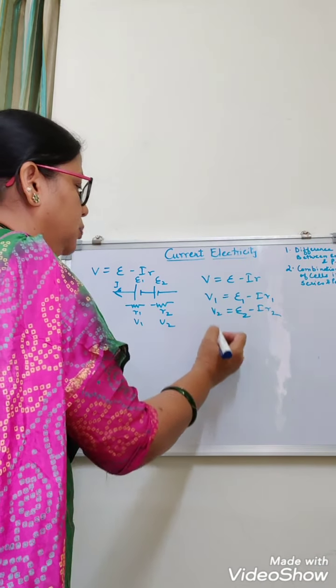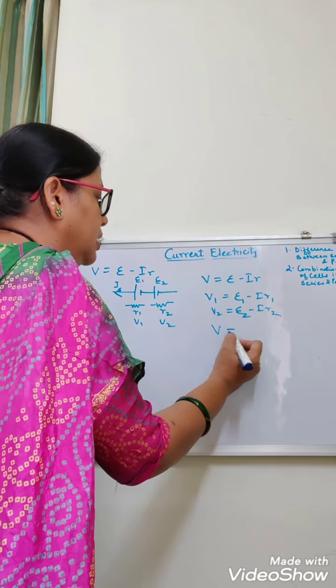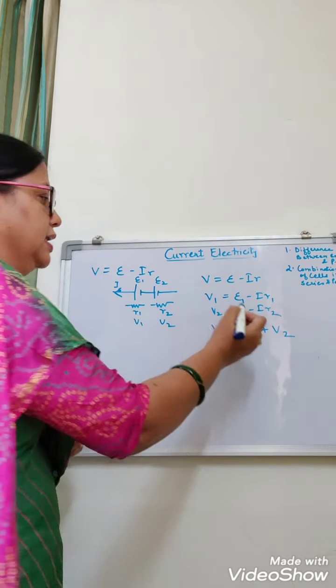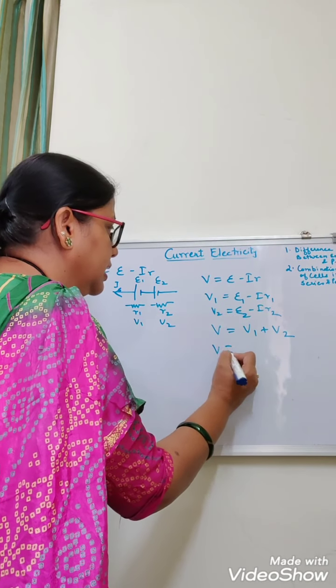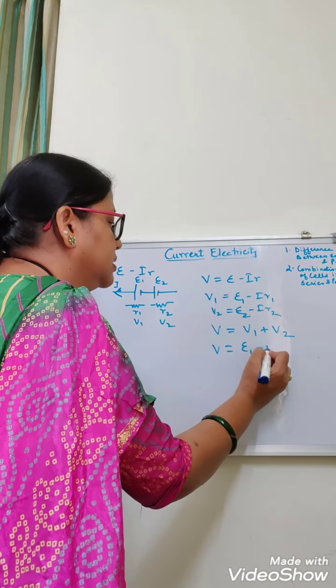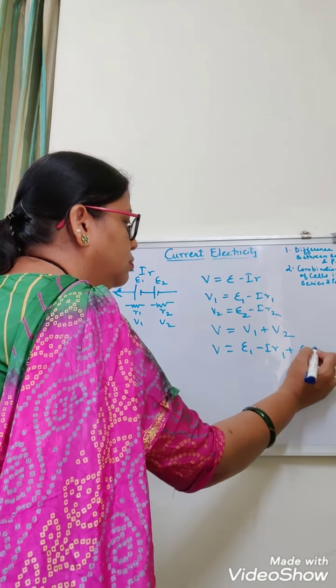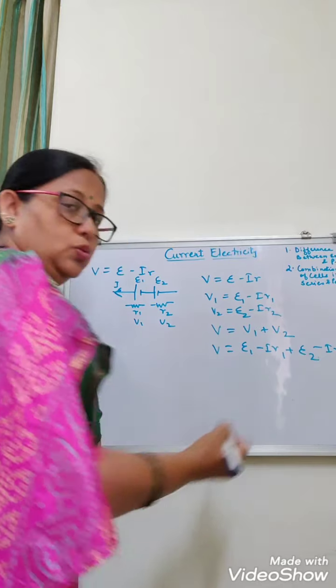So what is the total potential? So that is V is equal to V1 plus V2. Now if I substitute the value, then I will get E1 minus I r1 plus E2 minus I r2.